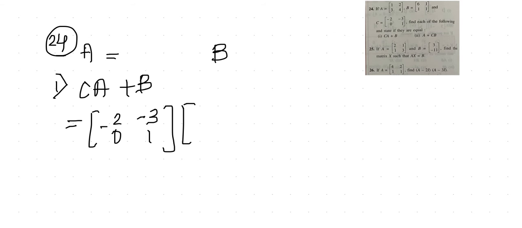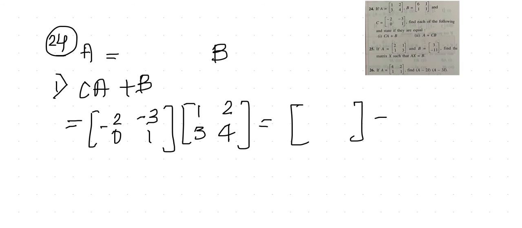So in the first sub question you need to find CA plus B. Means what, children? You have to write down matrix C, that is minus 2 0, minus 3 1, and this you need to multiply with 1 3 2 4. Okay, and then whatever particular matrix you are going to get, you are going to add up with this B matrix. Okay, and then you are going to find out a result.